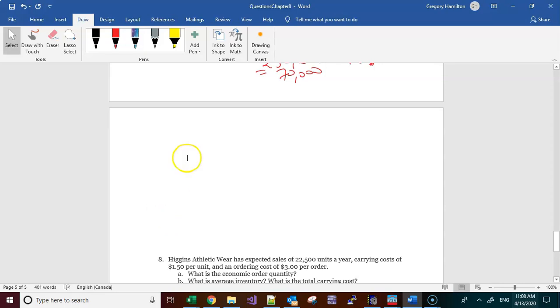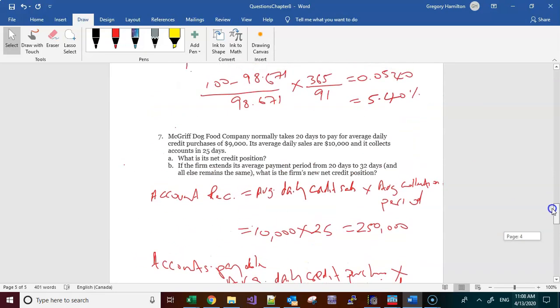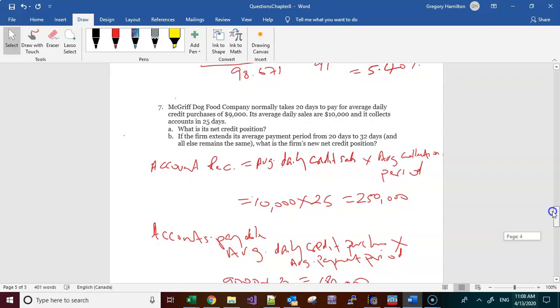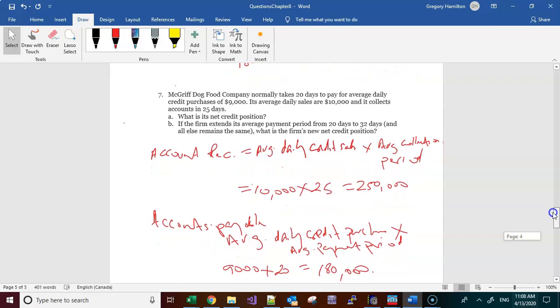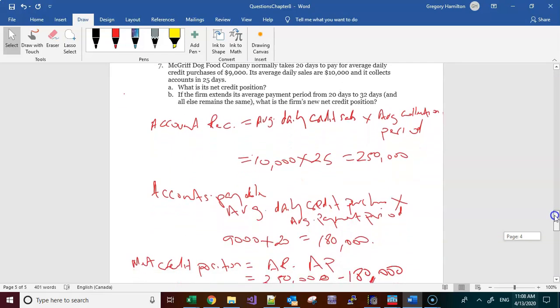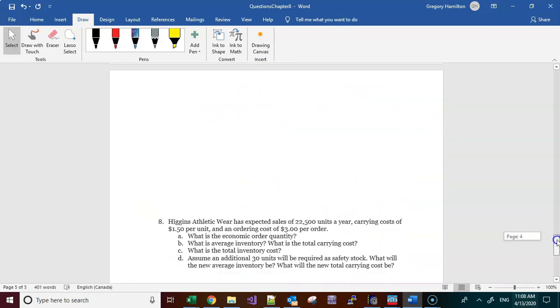Okay. All right. So B asks us to find, if a firm extends its average payment period from 20 days to 32 days, and all else remains the same, what is the firm's new net credit position?